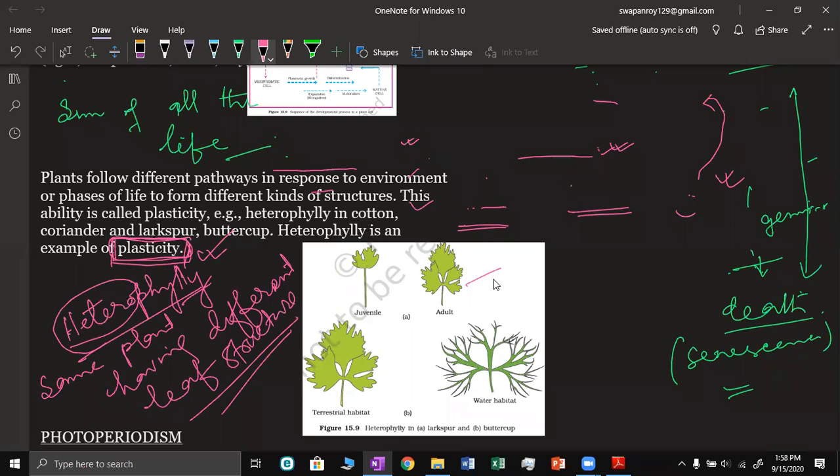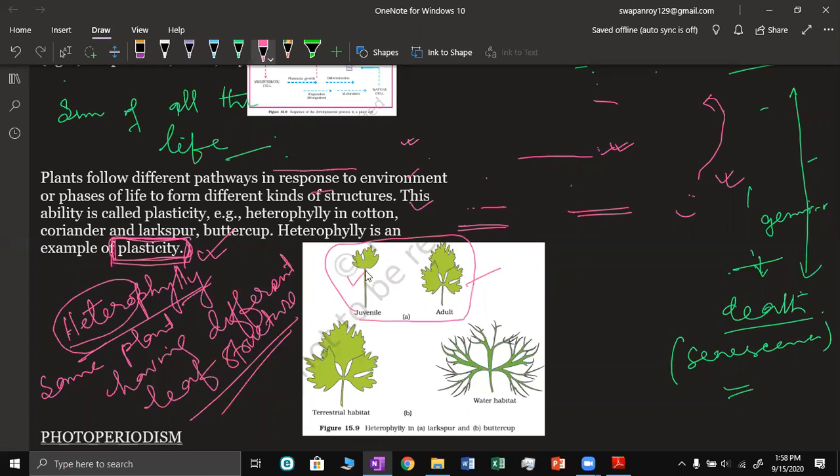So in the basal portion and at the top portion the leaf is different. This is showing heterophyly in larkspur, a garden flower.